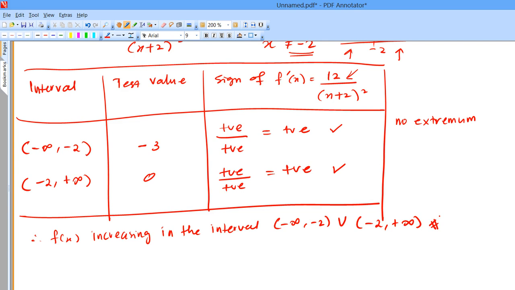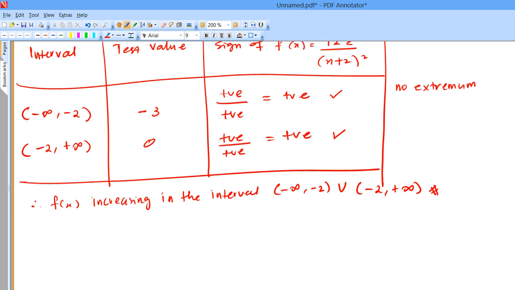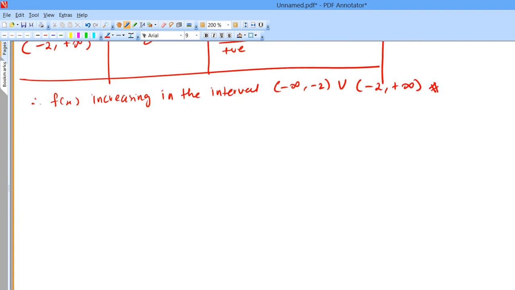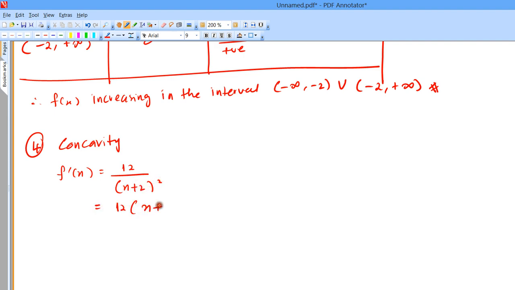Okay, next, number 4. It's about concavity. Concavity is based on the second derivative. So for the first derivative, we have f prime x equal to 12 over x plus 2 squared, or we can write it as 12 times x plus 2 to the power negative 2.